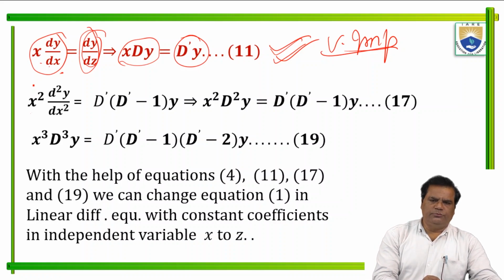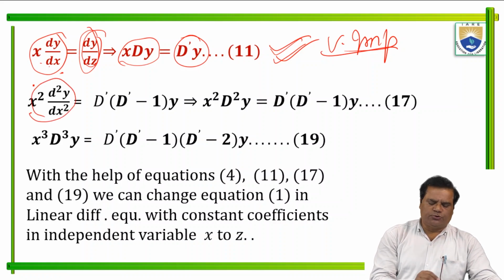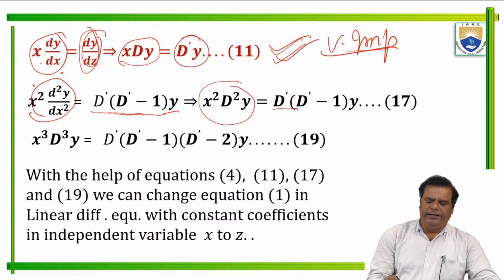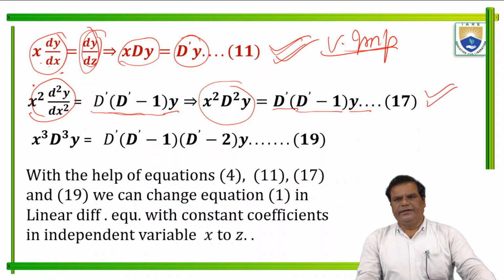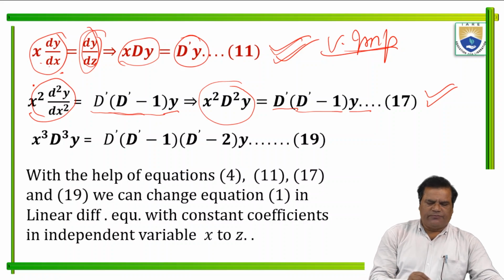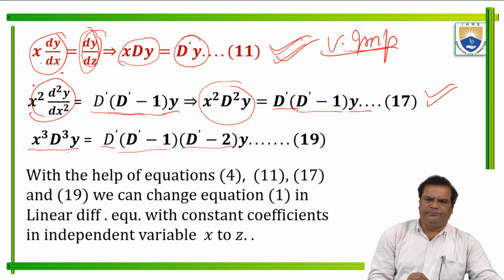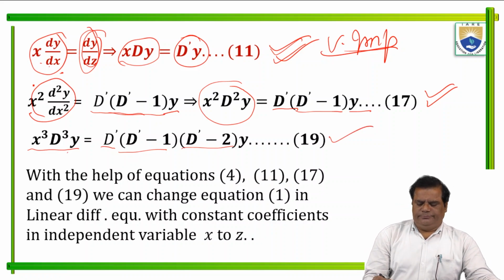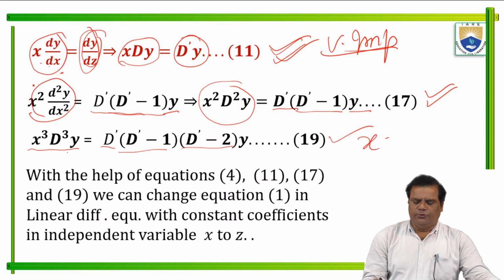The formula is x square d2y dx2 equals D dash minus 1 y. This is equation 17, also very important. The next formula is x cube d cube y equals D dash minus 1, D dash minus 2 y. This is equation 19. And one result is x equals e to the power z, equation 3.